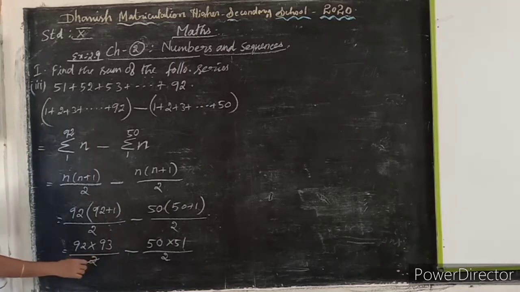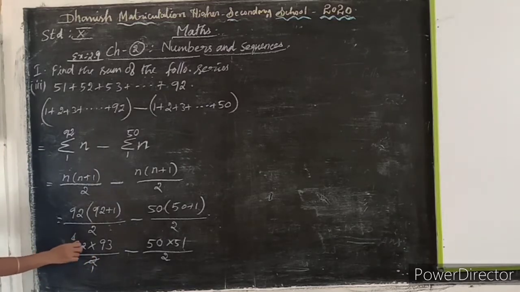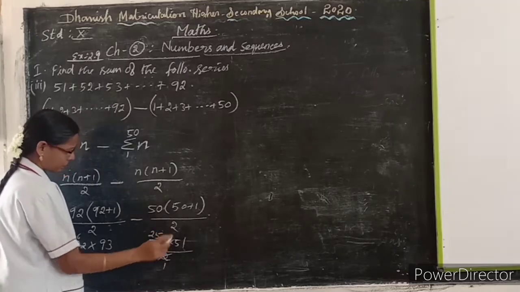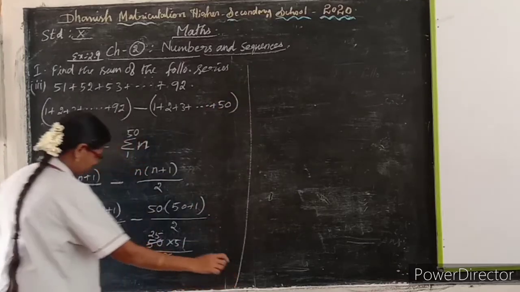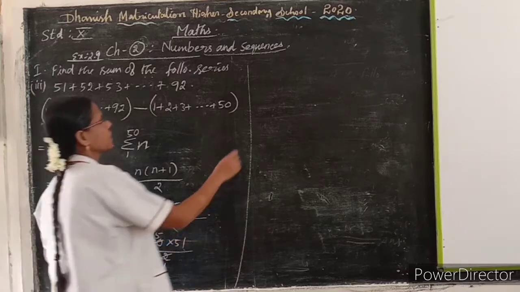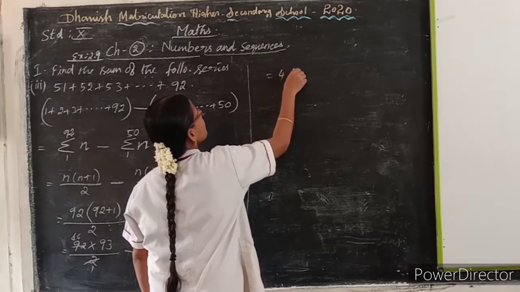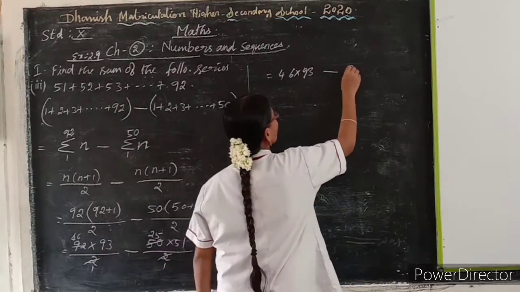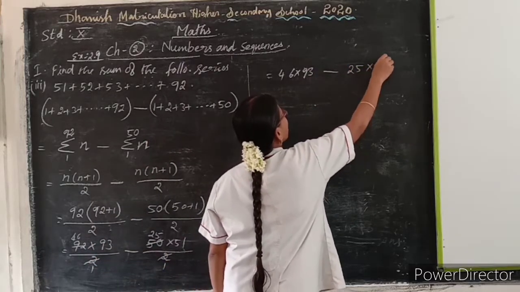Cancel by 2: 46 times, and 25 times. Subtract the remaining terms: 46 into 93 minus 25 into 51.